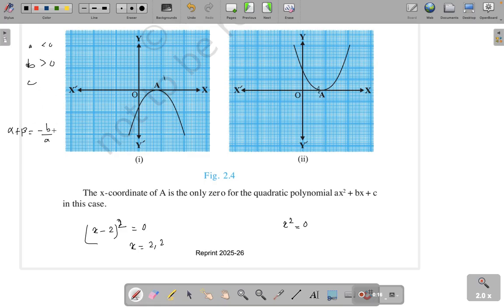You have to remember these things, so you have to take the sign of a as well. That is why I'm writing a first, because everything depends on a. If a is positive, then there is no issue. What about c? It is negative.